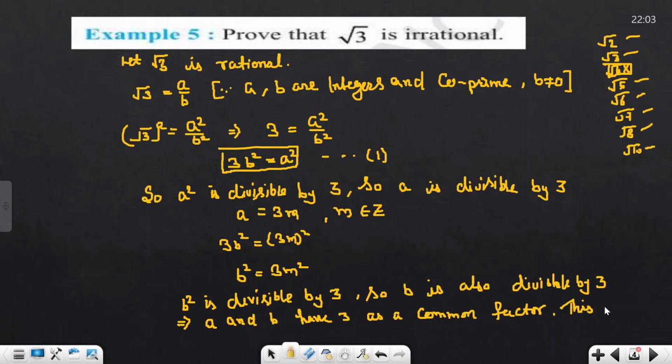This is a contradiction to the fact. Okay, you write here, this is the contradiction to the fact, like the previous question. A and b are co-prime, hence root 3 cannot be expressed in p by q form, or root 3 is an irrational number. Okay, so simple.